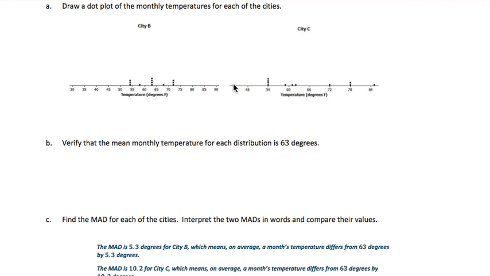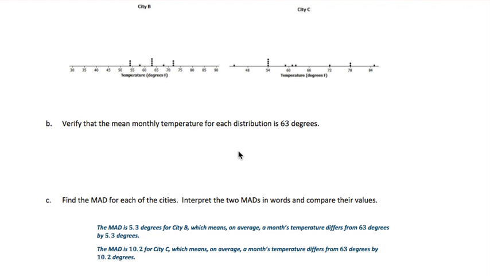And it's a little tough when you have a dot plot that doesn't give you exact values, but what we're looking to do is to find that if we add the sum of their deviations, we should get 0.